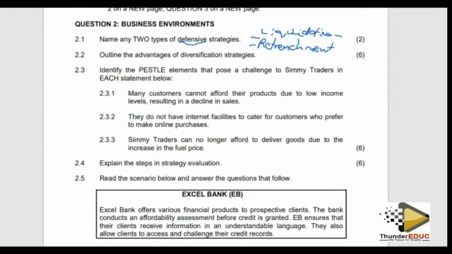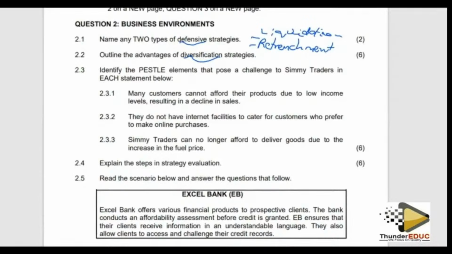Okay, so now we are done with 2.1. Now we can move on to 2.2. In 2.2, we have what we call the diversification strategy. Also, grade 12s, you should be in the position to know under which circumstance a business should practice this strategy. A business can practice the diversification strategy when it wants to increase the margin of profit collection.